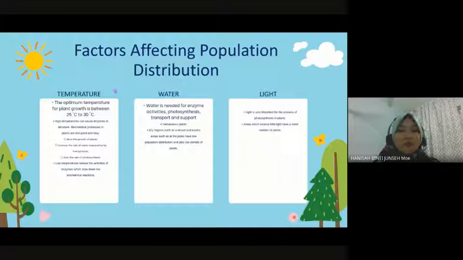And water. Water is essential for plants because water is needed for enzyme activity, photosynthesis, of course, transport, and also as a support for herbaceous plants. Okay, because in a dry region such as desert and tundra areas, such as at the poles, it has a low population of plants.